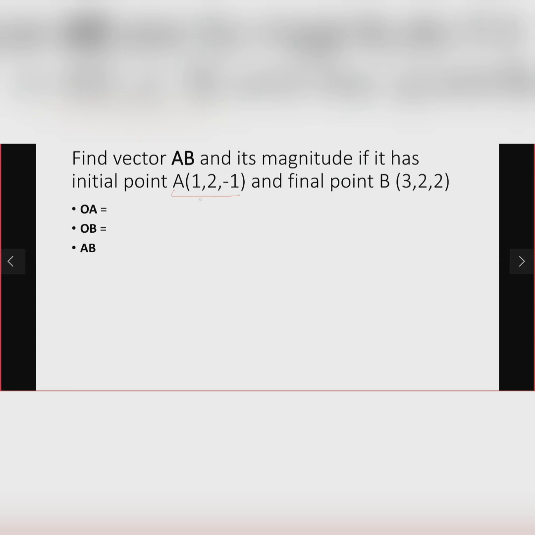These are the coordinates of the initial position, and the coordinates of the final position are also given, that is B: 3, 2, 2. So what do I mean? If I say 1, 2, -1, this is X, Y, Z. So it refers to a point in space which is defined by these three components.